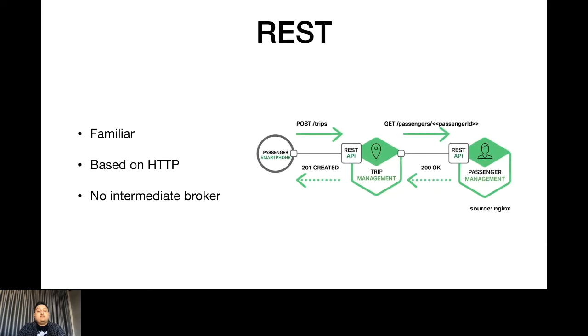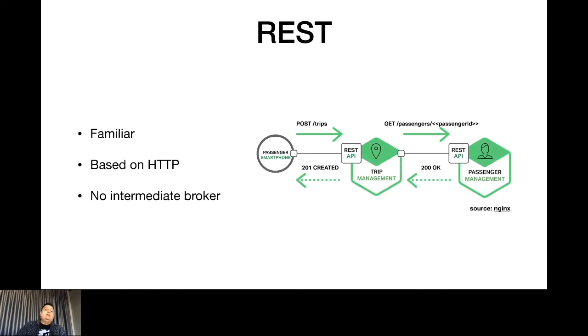What that gives us is simplicity. It's very simple to debug and test, even through extensions like Postman, or we can even do an HTTP request straight from our command line. And what is good about it, and it's shared between probably most of these approaches, is that we have no intermediate broker here.